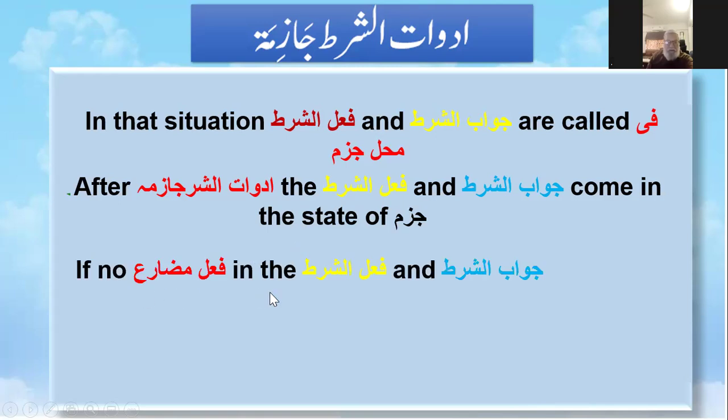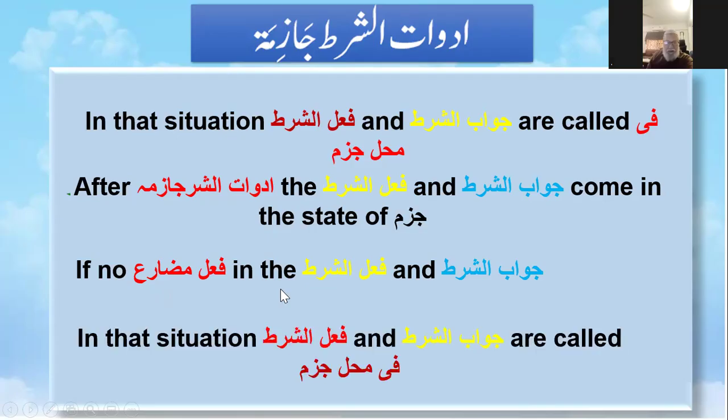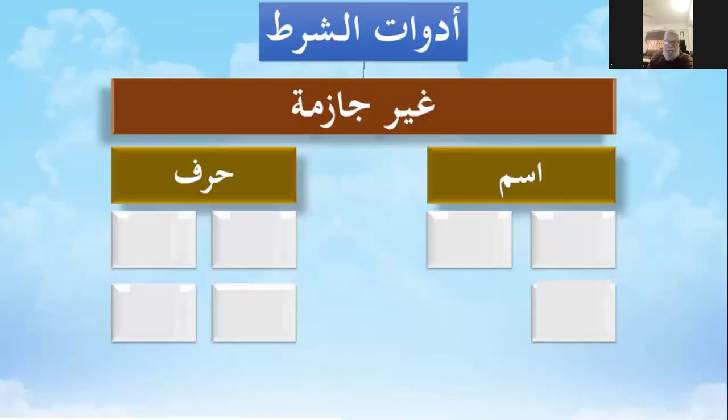If there is no fi'l mudari' in the fi'l shart and jawab shart, in that situation they are called fi mahalli jazm, meaning in place of jazm. So that was the jazima word.